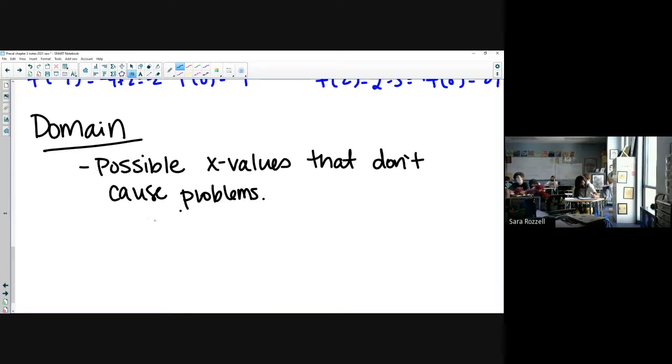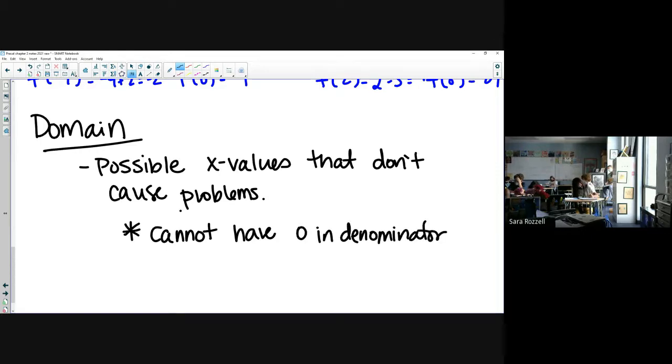So our two main problems: if we have something that makes the denominator 0, that's not going to be in our domain. We can't have a 0 in the denominator.